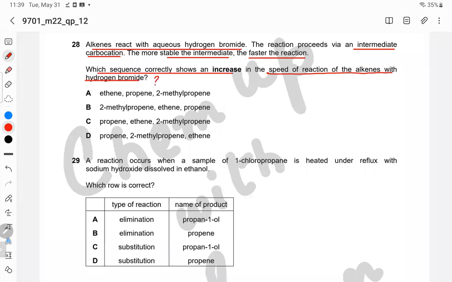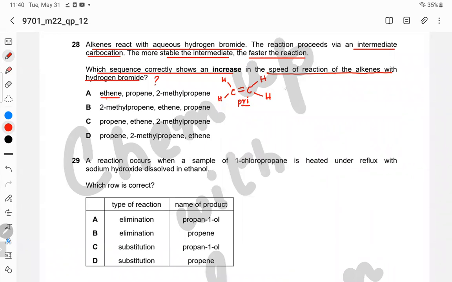Okay, let's have a look. If I talk about ethene, ethene has a carbon-carbon double bond having 2 hydrogens on each carbon, right? So here the carbocation will be a primary one because a carbon has 2 hydrogens with it.